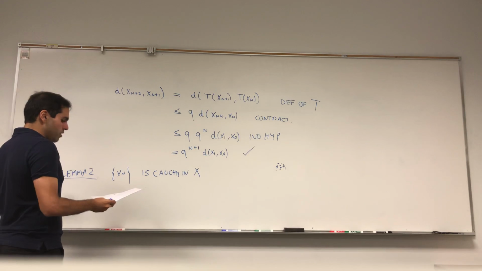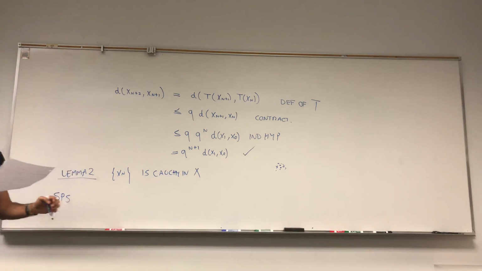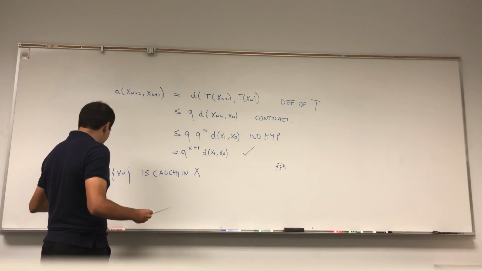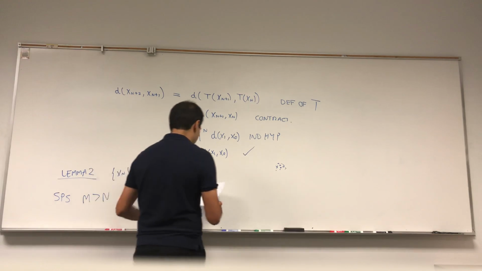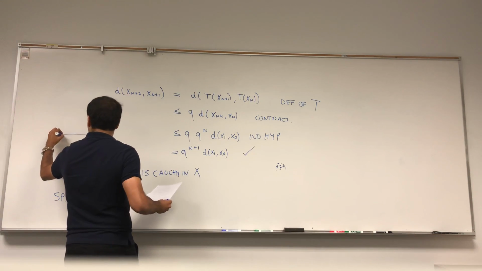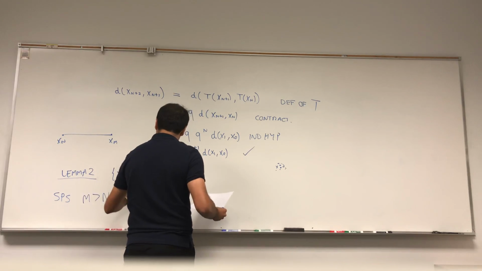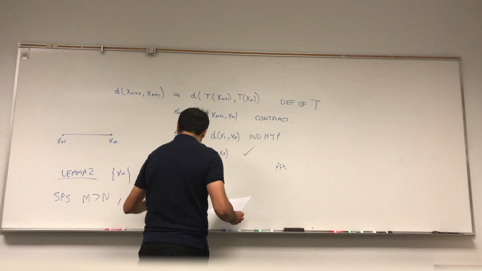In particular, again, we want to compare x_m and x_n. So without loss of generality, suppose m is bigger than n. Again, this is x_n, and this is x_m. And let's find d(x_m, x_n).